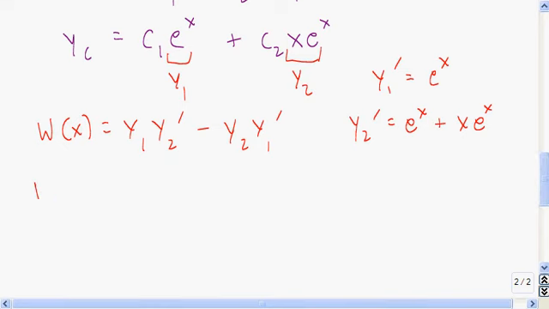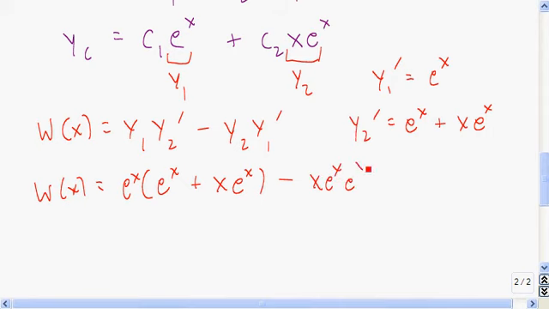Therefore W(x) will equal y1, e^x, times y2' minus y2, which is x e^x, times y1'.